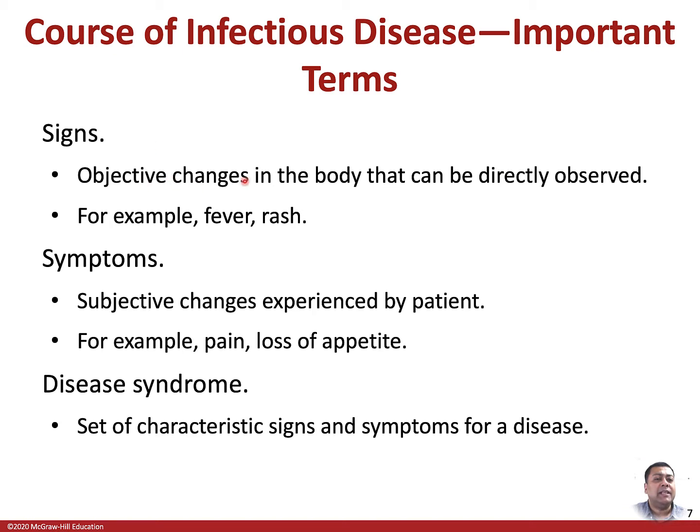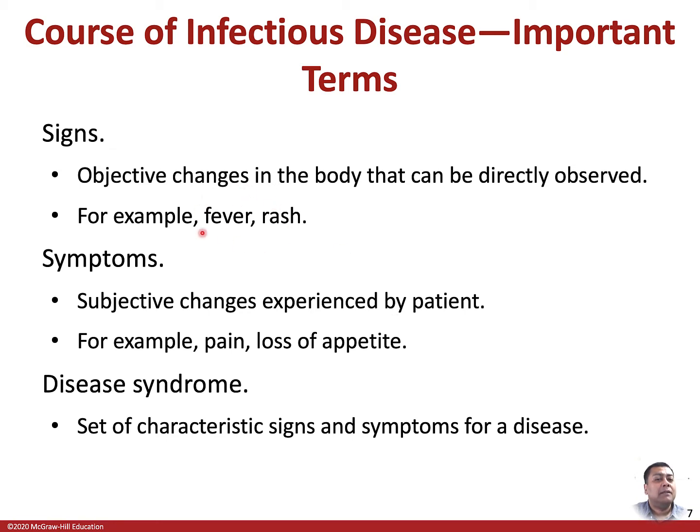A sign is an objective change in the body that can be directly observed. For example, fever and rash are signs. Symptoms, on the other hand, are a subjective change experienced by the patient, and the symptoms cannot be determined by other people until and unless the patient actually tells them.